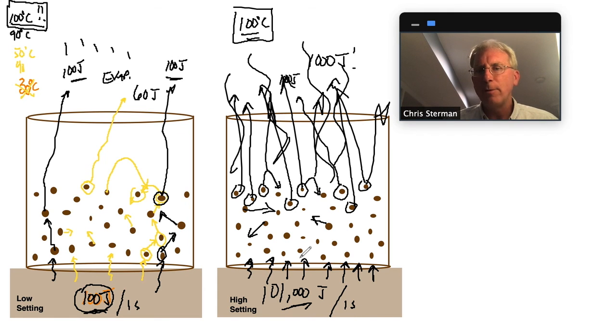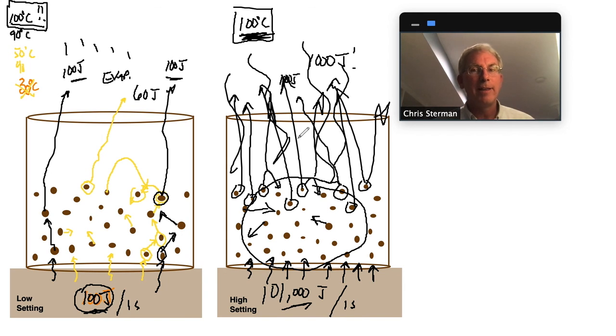Well, I would just get to 100 degrees Celsius faster. I would have more steam leaving every second, but I would stay at 100 degrees Celsius until all this water left and became steam. And it's not until the entire beaker is steam that I can start to heat up more than 100 degrees.